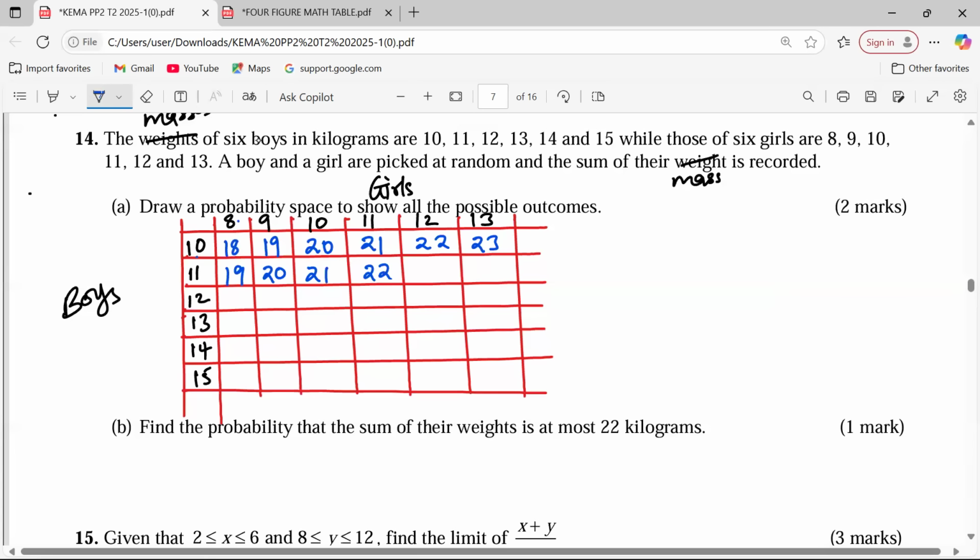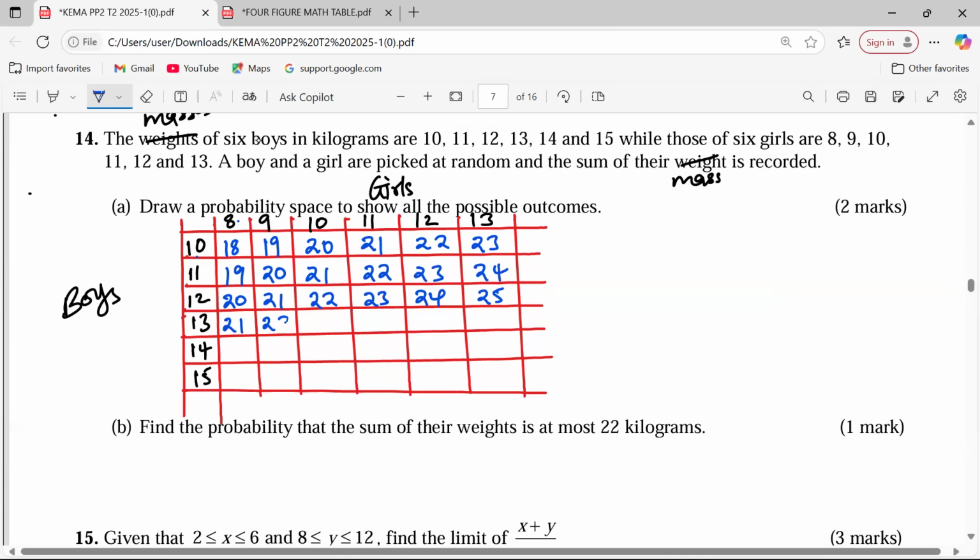21, 22, 23, 24. Here, 12 and 8, 20, 21, 22, 23, 24, 25. 13 and 8, 21.